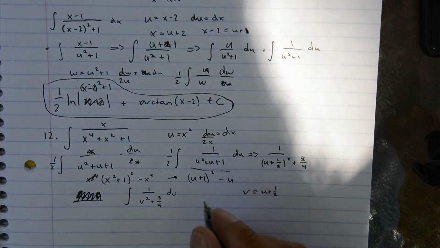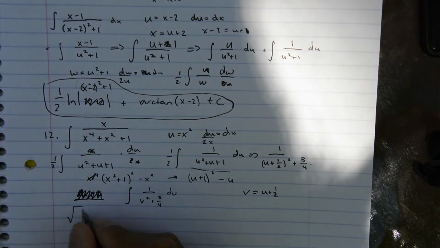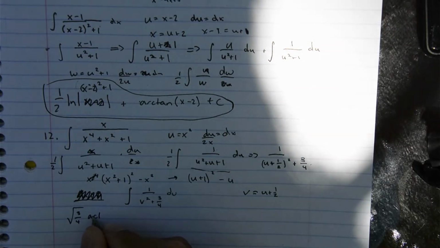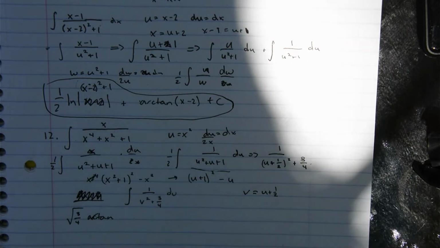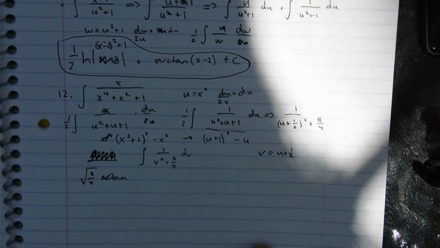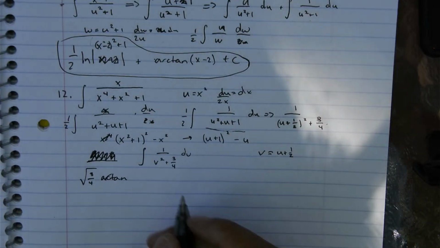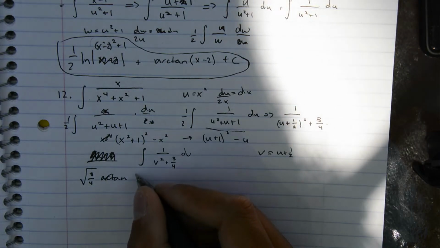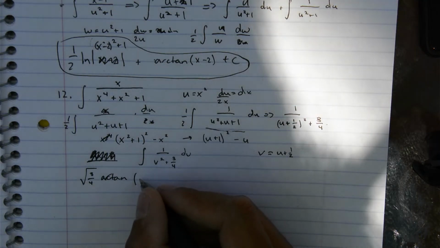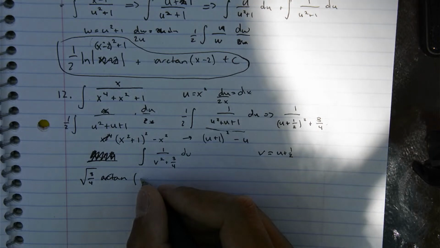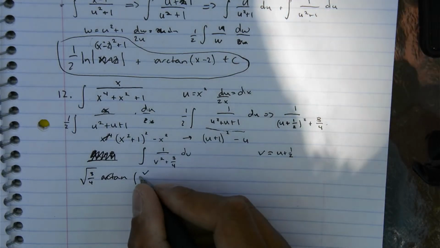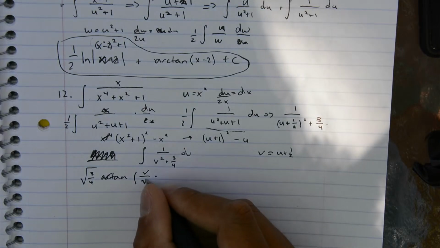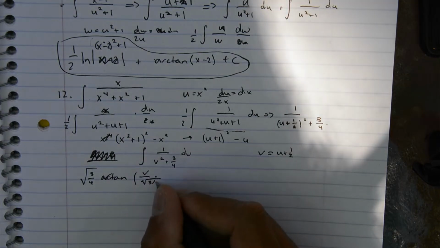And then this becomes 1 over the square root of 3/4 arctan of, I think it's v over square root of 3/4.